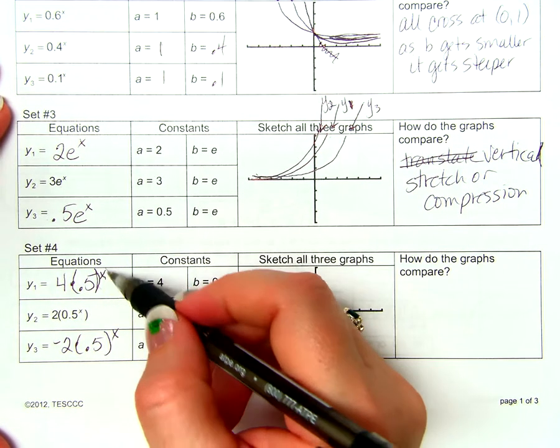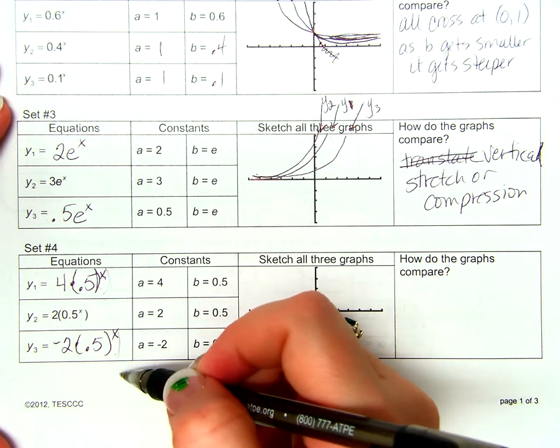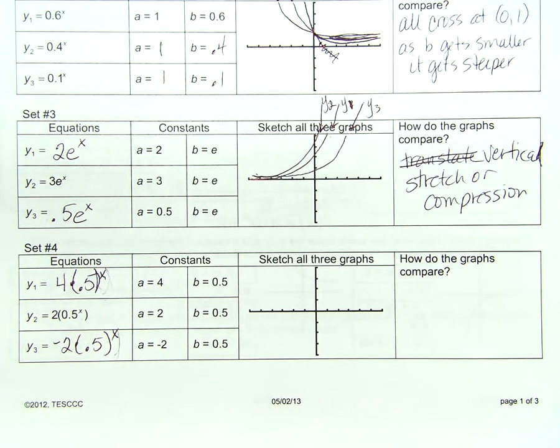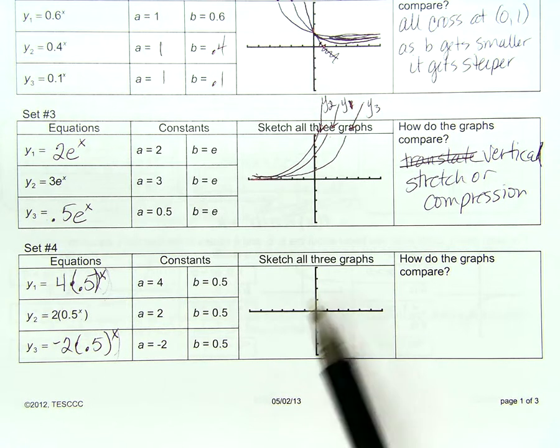Wait, does it matter if I have this on the inside or the outside? That's something we probably need to look into, isn't it? Okay. Good discussion. I'm not going to tell you if you're right or wrong. I just want you to think about it. Not yet, anyways. We'll talk about it later.